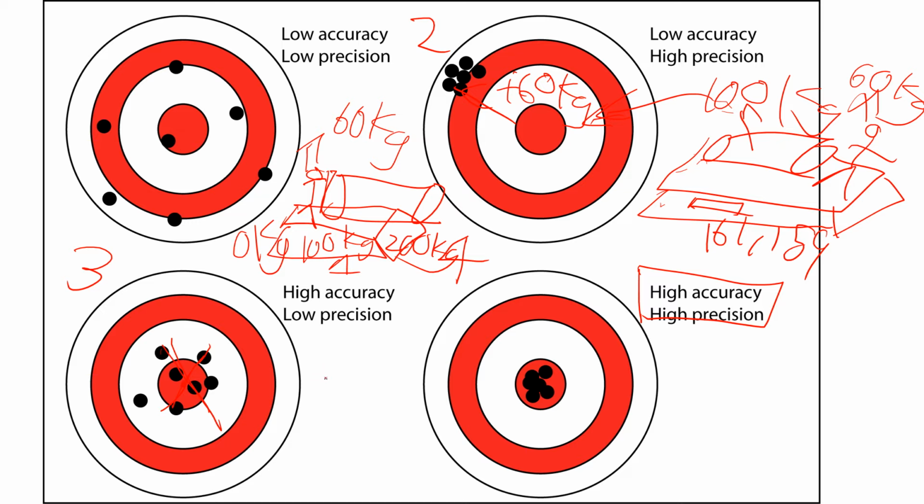Finally, in target number 3, we might have a cruddy scale that might read up to only 1 sig fig. So you might only have 0 kilograms, 100 kilograms, but it's always going to aim at the correct value, sort of. There's no person standing on the scale messing up results. It's just a block of wood there. The only problem is the scale is not very precise, so you might only have 1 sig fig values of answers.